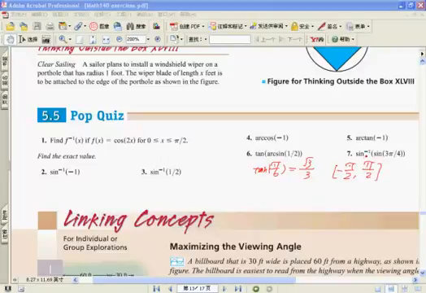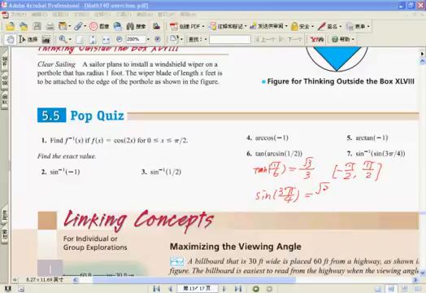So actually, to get the value, first you evaluate the sine of 3 pi over 4. What is the sine of 3 pi over 4? Yeah, positive of what?